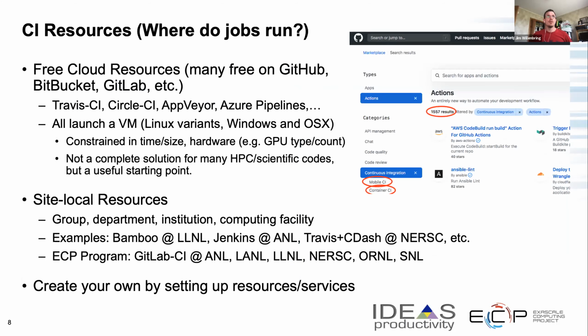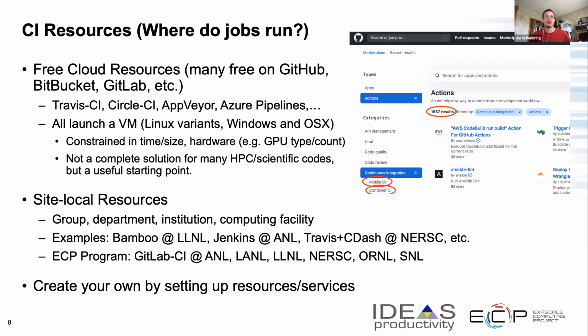So where do you run jobs? There are kind of two broad categories of where CI resources can be run. One is out on the cloud. There are many free or relatively low cost options here, many of which have a higher level of paid access. And then the other general category is site local.